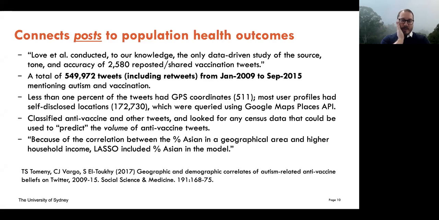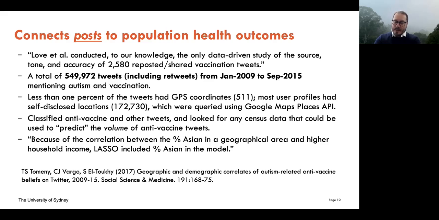This paper was published in 2017, and there are probably 50 to 100 studies that have looked at vaccination tweets in the past. But surprise, surprise, the literature review in the background of this paper wasn't particularly good. Social Science and Medicine is a well-regarded journal, not necessarily well-regarded by computer scientists or computational social scientists, but certainly well-regarded in social science and medicine.